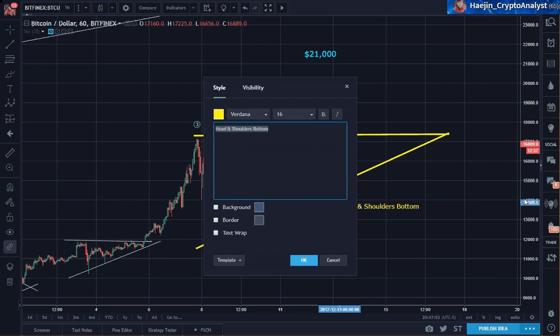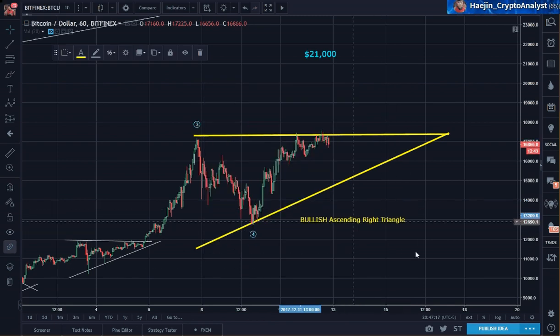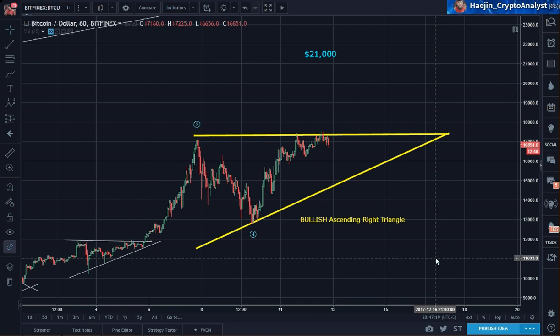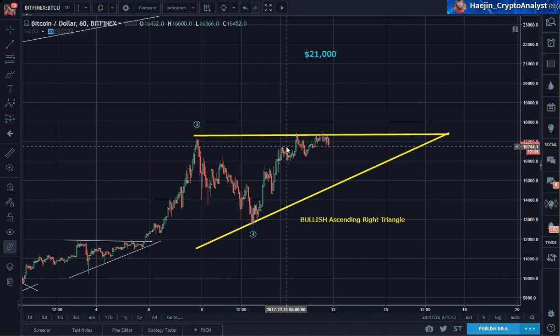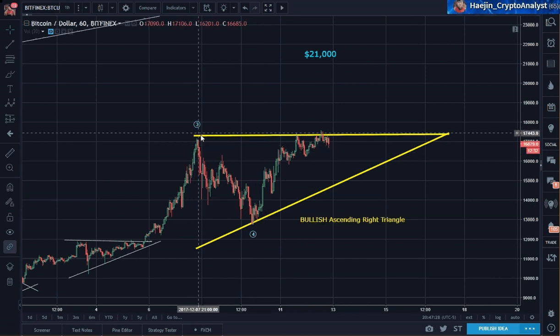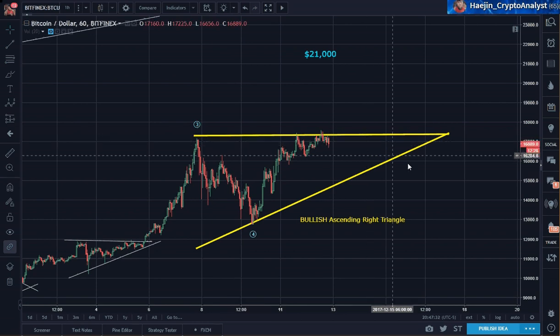What kind of triangle is this called? Ascending right triangle. But don't forget to write bullish in the front of it. It's looking beautiful already. So I've got the head and shoulders embedded within what I think might be a forward-discerning bullish ascending right triangle.